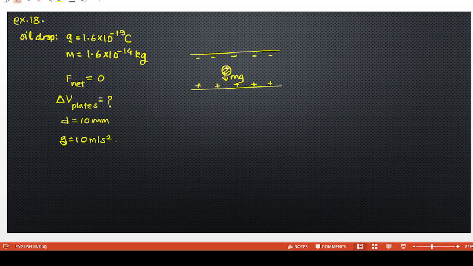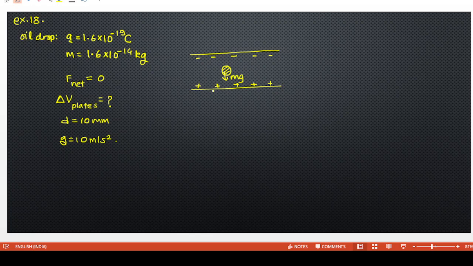So we have to balance this weight by creating the upward force. It has a positive charge also. So this positive plate is going to repel it and this negative plate is going to attract it.